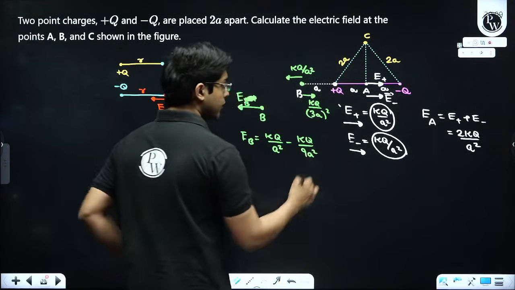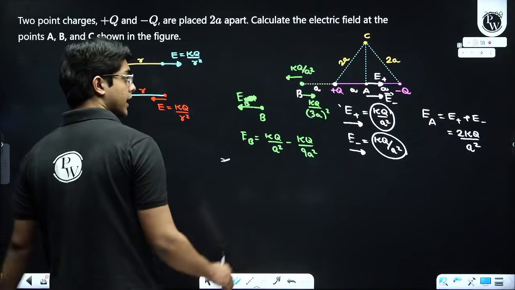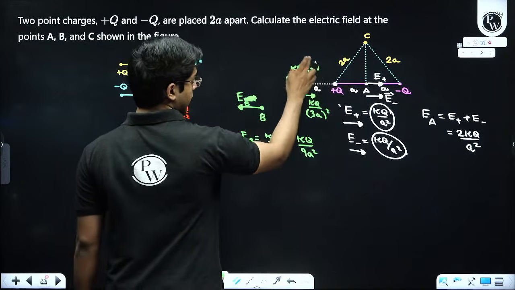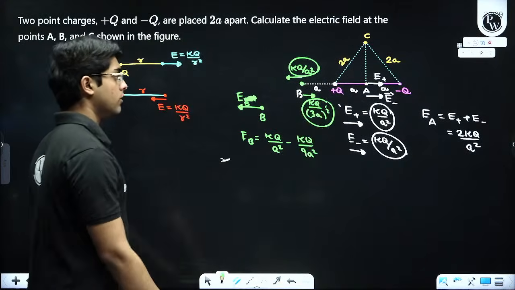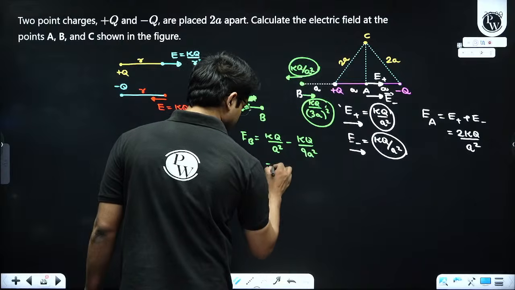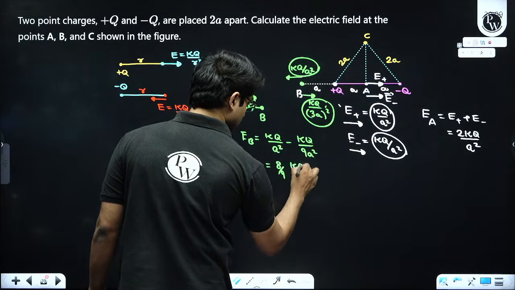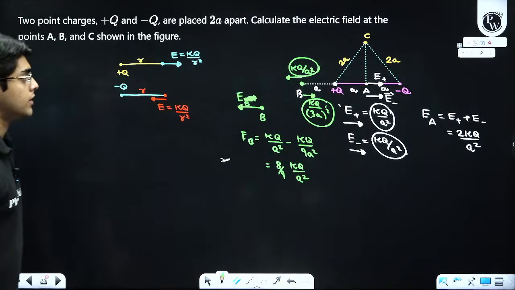If we have two vectors that are opposite in direction, then to get their resultant you have to subtract them, right? So this left direction field, you have to subtract the right direction field. So this will be 8 by 9 kq by a square. This is the field at point B.